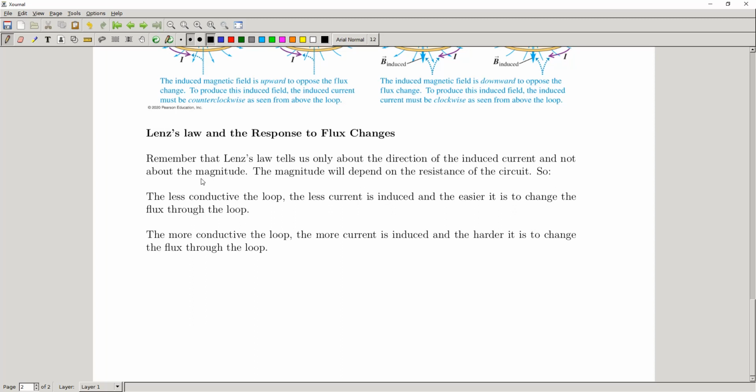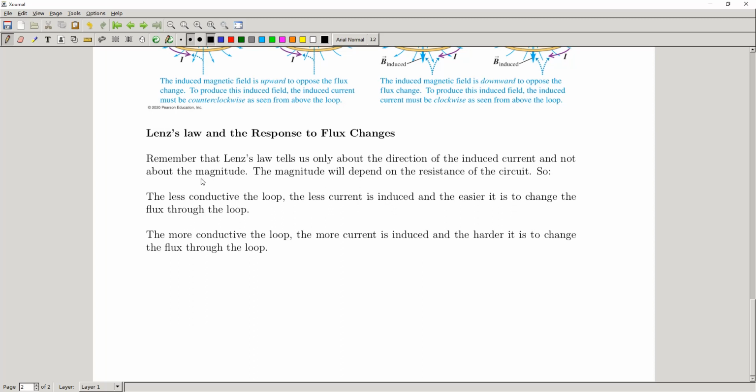So in this case, we have quite resistive material, so not very conductive. We have less current flowing through it, and so it's easier to change the flux through a loop made of wood or plastic. The more conductive the material, the more current is induced, right? We have the same EMF, but we have a lower R, and so our I is larger.